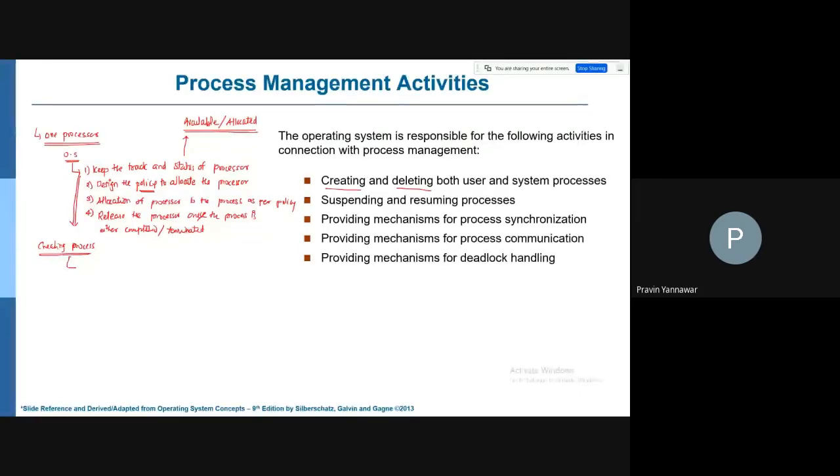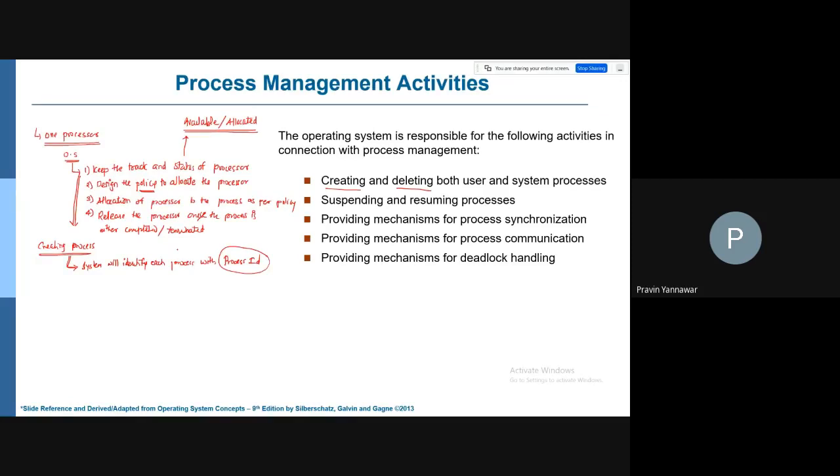If the process gets created, the system will identify each process with a process identifier. So each process has a process ID. Once the process has a process ID, the creation and deletion can be easily done. You can delete a certain process, you can create a certain process.